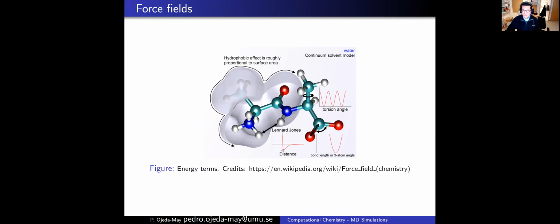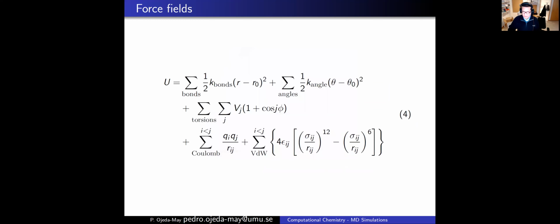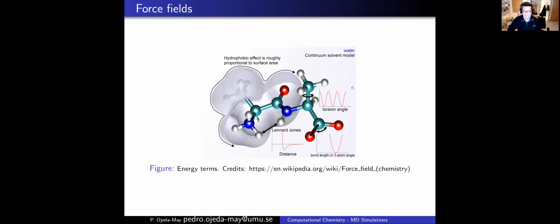So this is an illustration of the different terms. We have, for instance, the bond length between two atoms and also the angle, right? And they are modified by these hyperparameters: K bond, r0, K angle, and theta 0. We have also the torsional angle that involves some dihedrals, right?